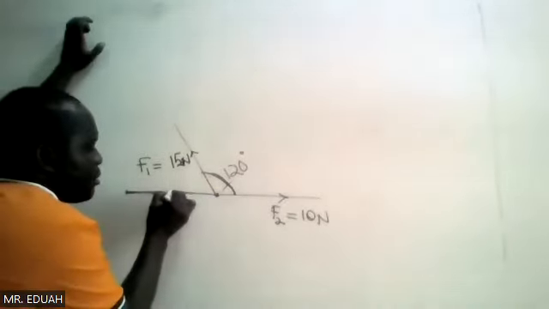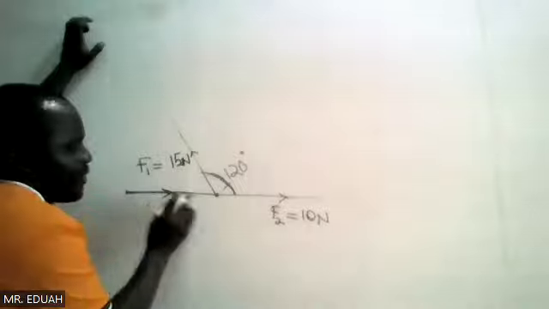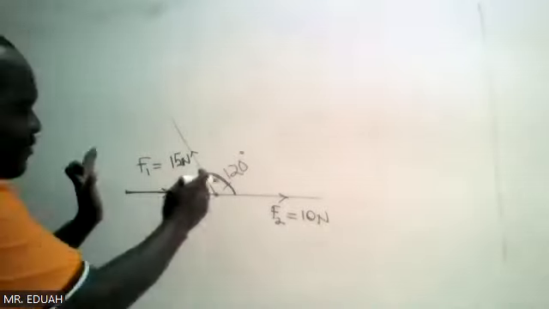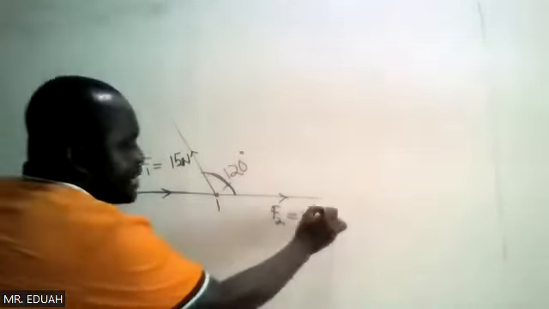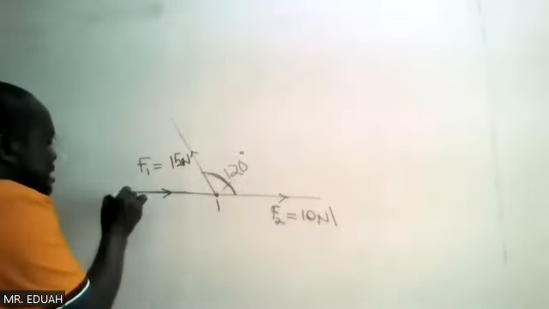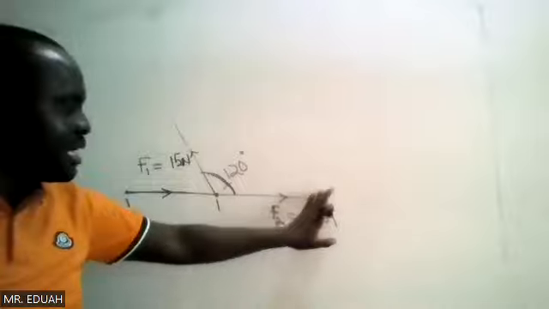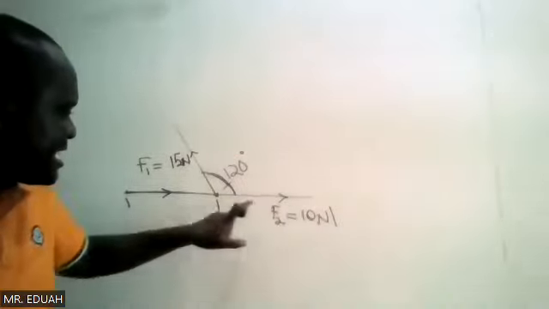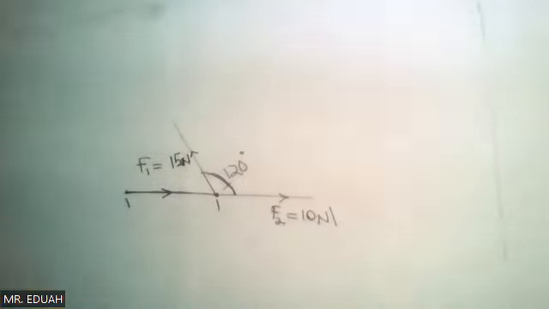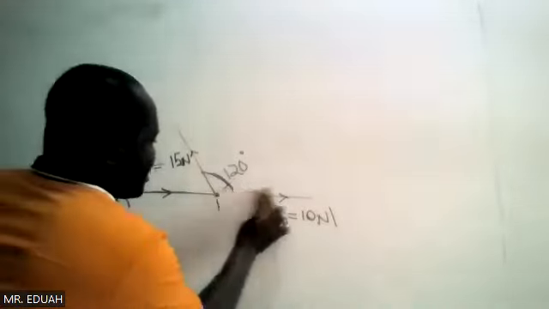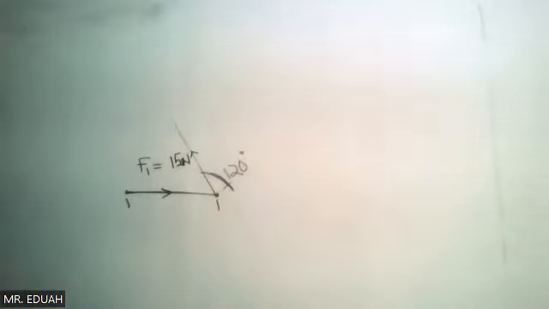Then bring this direction here. This new vector has the same magnitude and direction as the original, so I can clear the original and still have this.